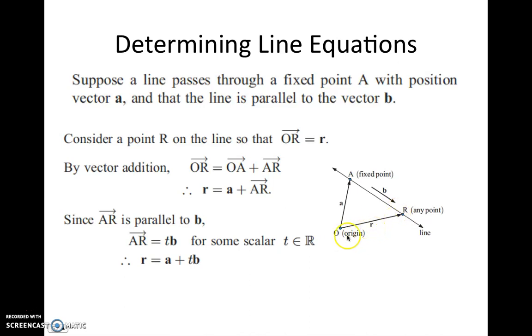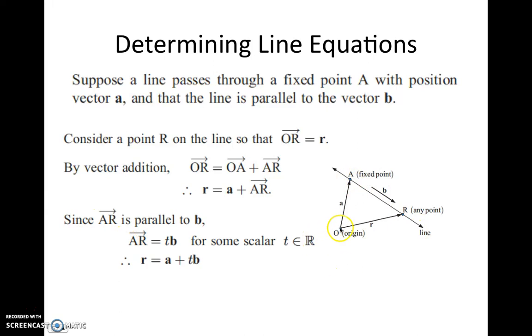By vector addition, OR is equal to OA, and we're going up that way so it's positive, plus AR. We can replace OA with a, and this here is called r. So r is equal to a plus AR.